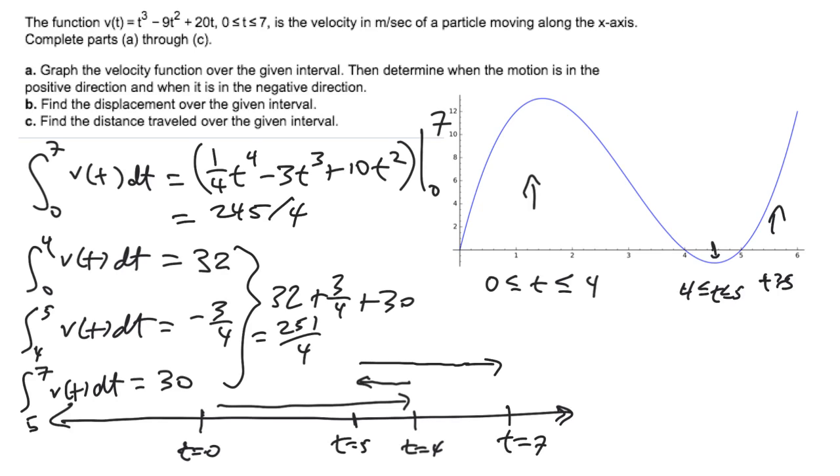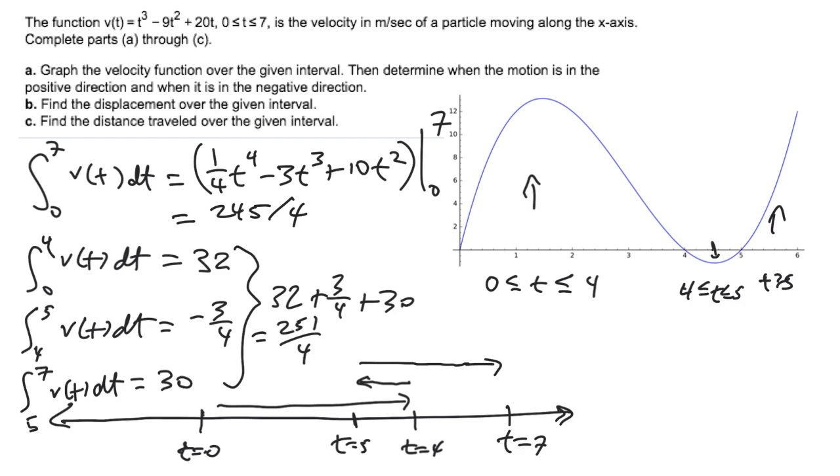And it definitely has to be further. You go further than you end up if you're backtracking. But again, with the story, that makes sense: I'm going 32 meters, then 3/4 of a meter, then 30 meters. If you ignore the direction, then this is how far you went in each of the three pieces. If you pay attention to direction, then you add together these things with their plus and minus signs, so you'll get a slightly different answer.